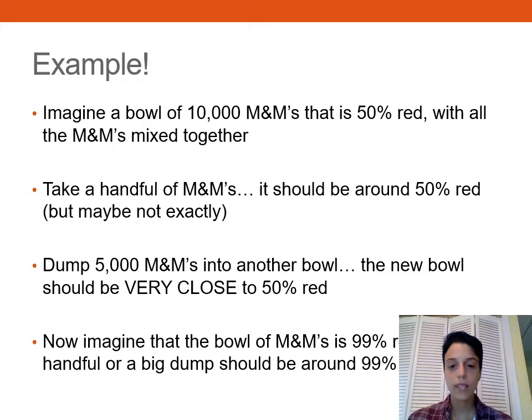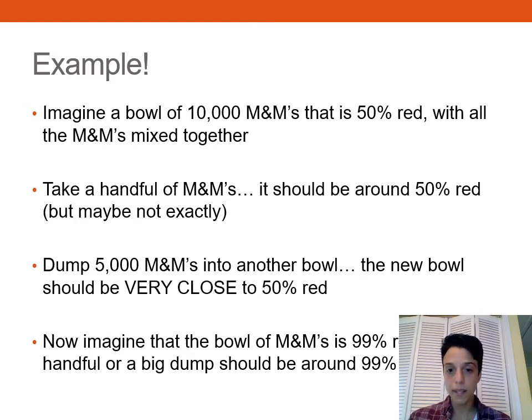We also talked about homogeneous populations. So now imagine that that big bowl of M&Ms is 99% red instead of 50% red. This time, whether you take a handful or dump a big bowl of M&Ms from this new bowl, you'd expect to see around 99% red M&Ms in your hand.